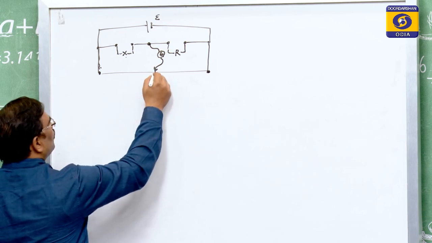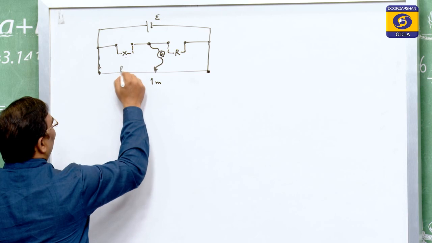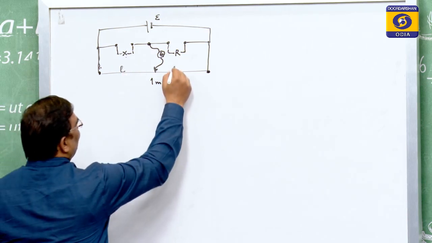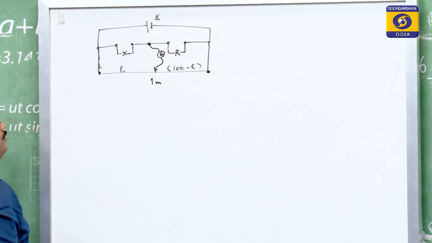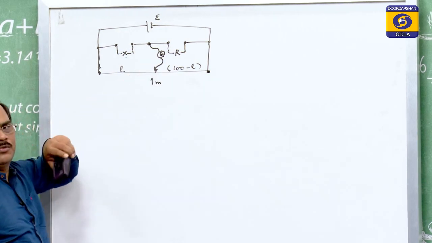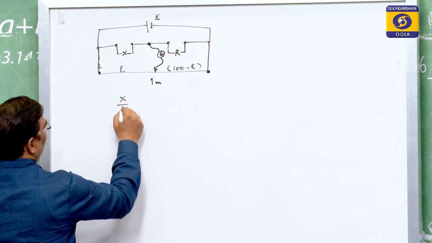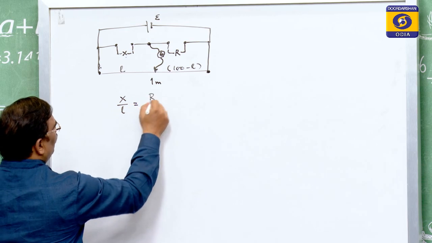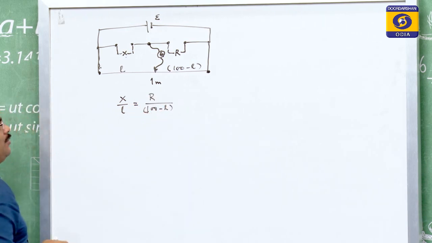If I slide the jockey, then at some point, suppose L centimeter from left and therefore 100 minus L from right, the current through the galvanometer is suppose 0. So, this indicates that x by R equals P by Q equals L by 100 minus L, since the wire is of uniform resistivity.